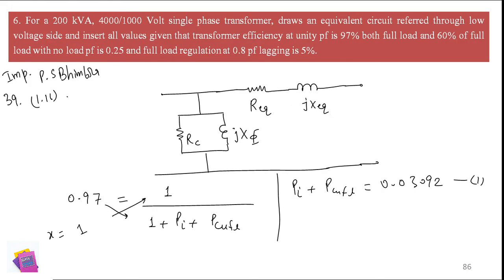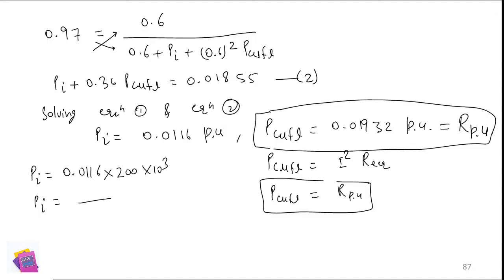Another data is also given to you: with no load PF is 0.25, and full load regulation at 0.8 PF lagging is 5%. So you are given the no load power factor, which means cos phi naught equal to 0.25.